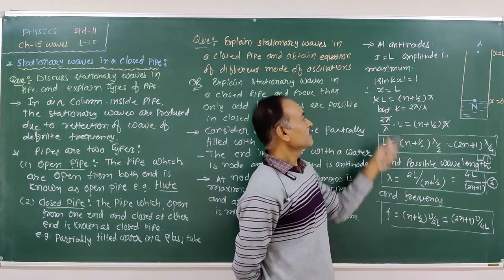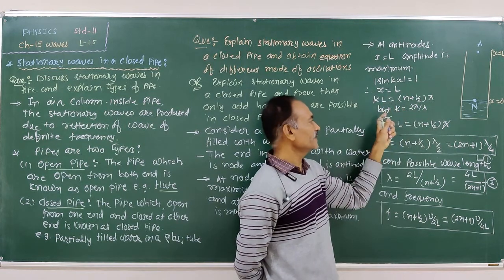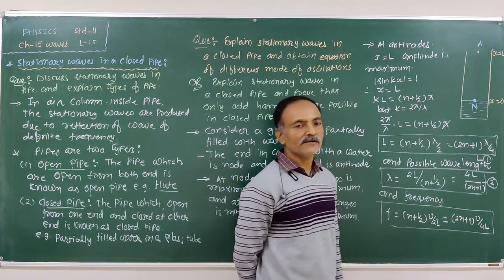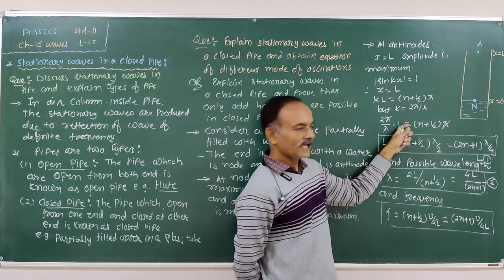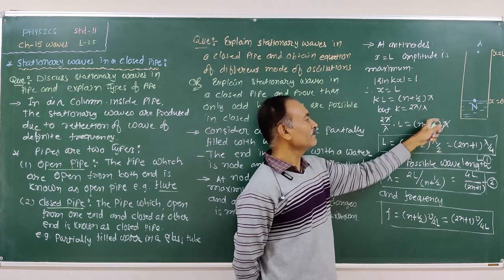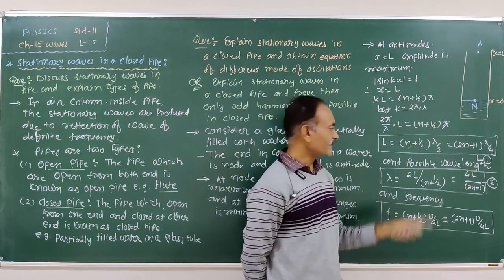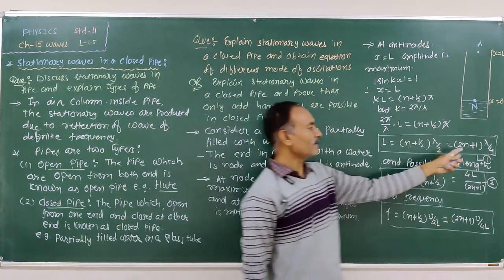Right? But k is equal to 2 pi upon lambda, that is the wave vector. Substitute here, 2 pi upon lambda into L is equal to n plus 1 by 2 into pi. Pi cancels, and the equation of the length L is n plus 1 by 2 into lambda by 2. We can also write this equation in the form 2n plus 1 into lambda by 4.